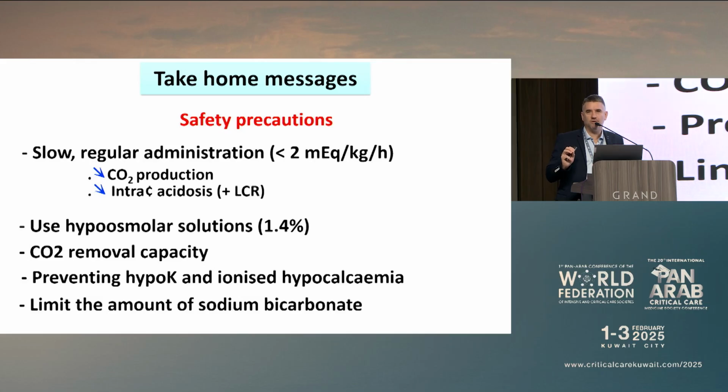Don't use the 4.2% or more, the 8.4%. You can kill the patient with 8.4% sodium bicarbonate. It's really hyperosmolar, and you will face an enormous cellular acidosis with this.